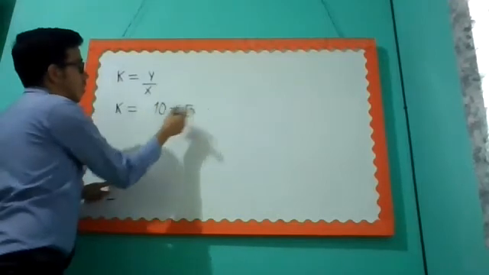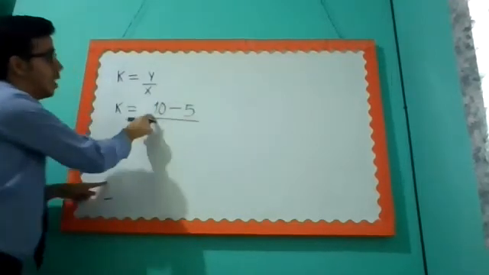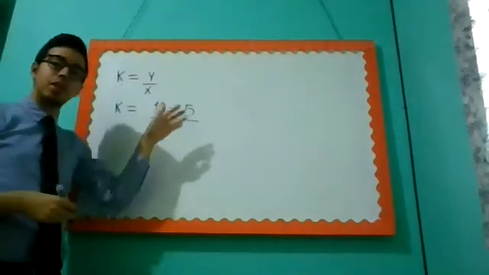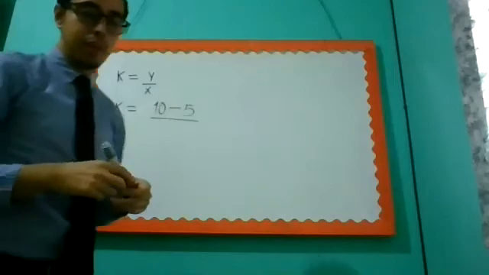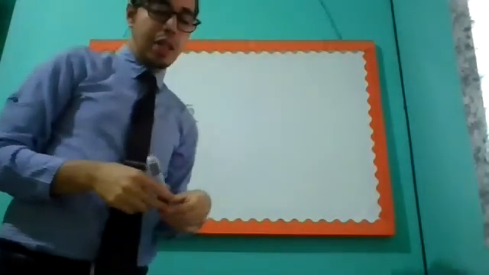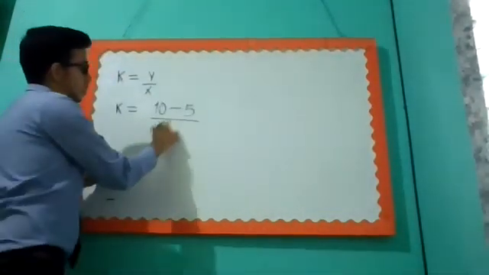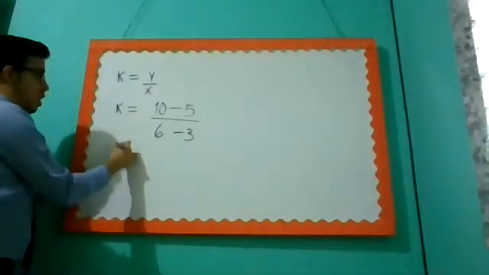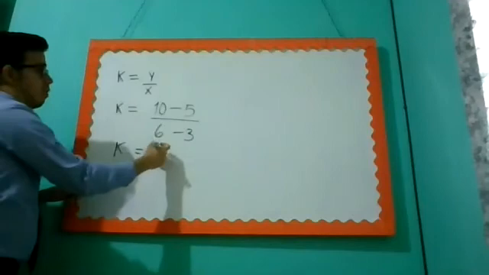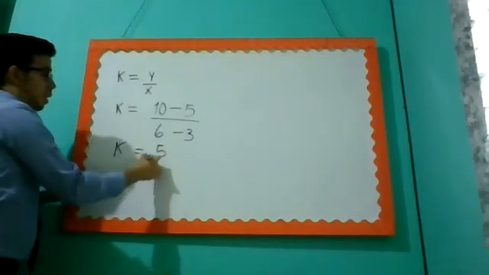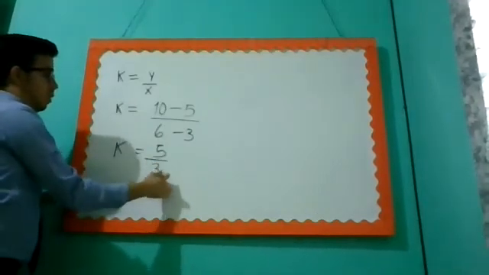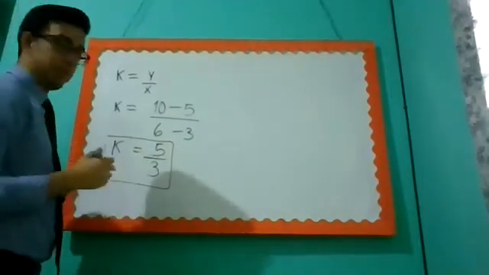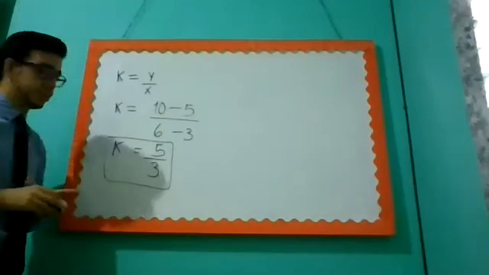Remember, you subtract the two values of Y, the greater minus the lesser, the point that is above. And for X it is 6 minus 3. So K is equal, 10 minus 5 is 5, and 6 minus 3 is 3. So this is the slope, 5 over 3.